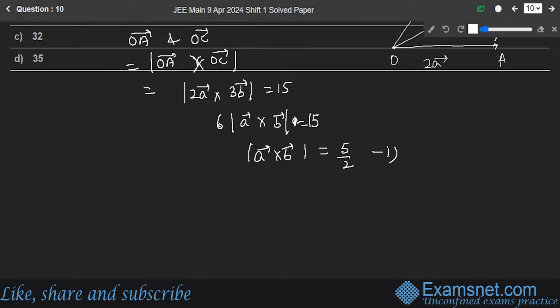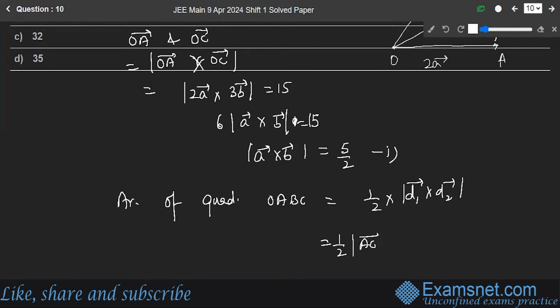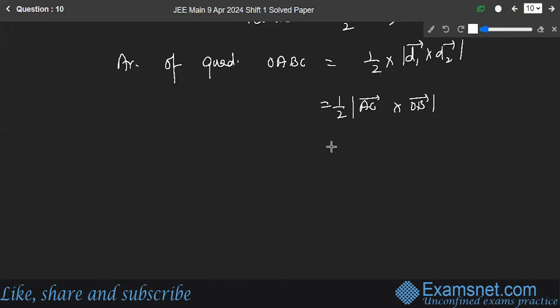Now the area of the quadrilateral OABC is half the product of its diagonals. That means half AC cross OB. So this is equal to half into, let's rewrite it over here. What is AC equal to? That is 3B minus 2A, cross product.